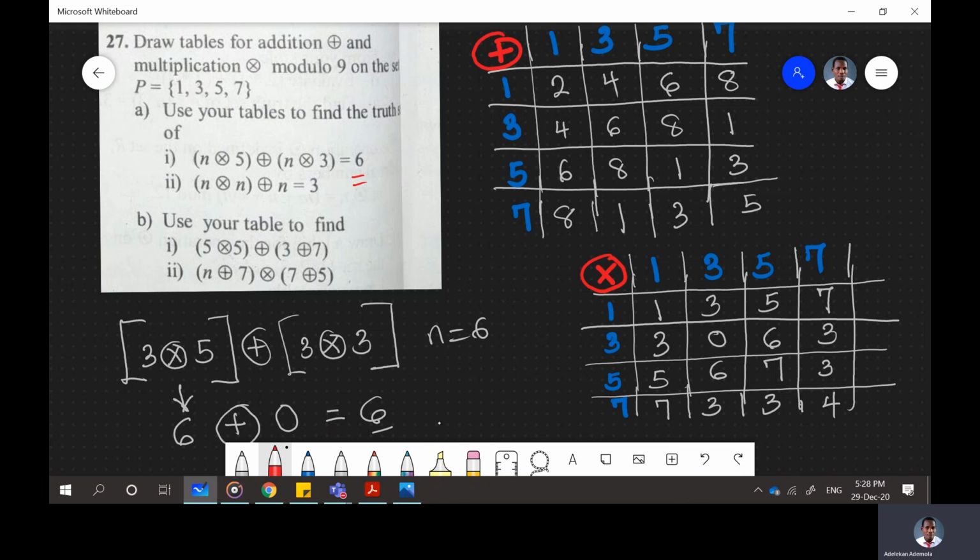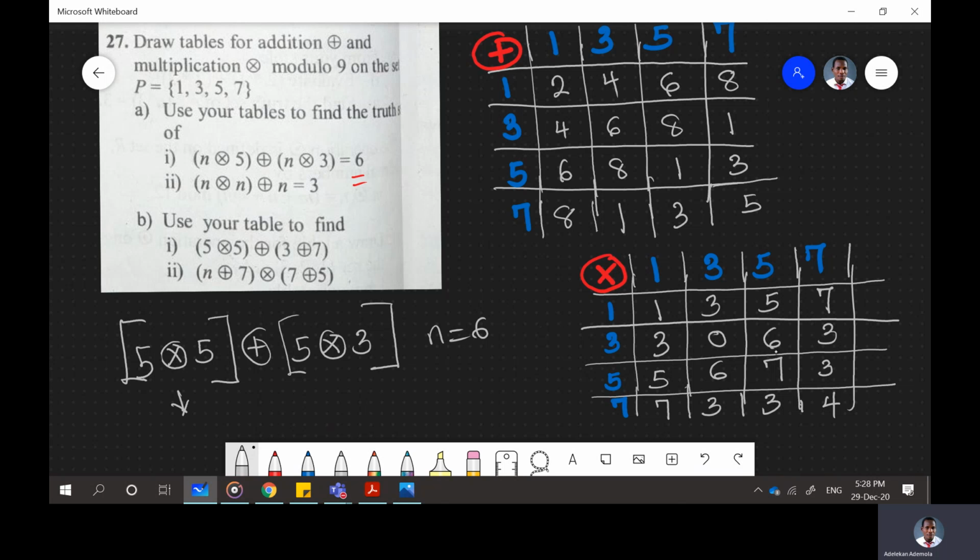But let's move on and test the other elements. We need to test for 5, and then we need to also test for 7. So let me put in 5 here and see what happens. If I put in 5, I'm going to have 5 times 5 and then 5 times 3 here. Now what is 5 times 5 from the table?